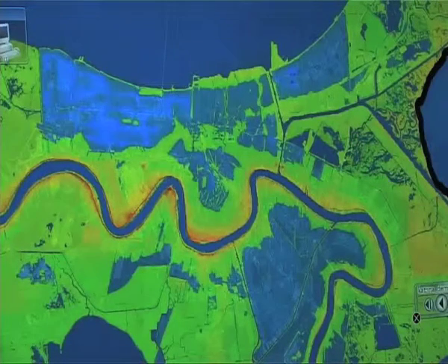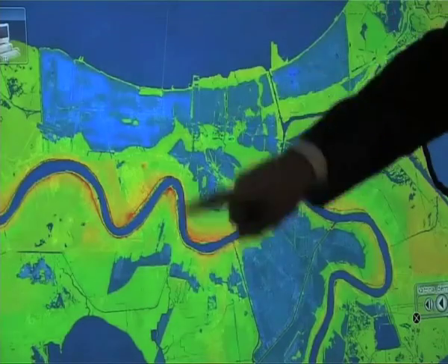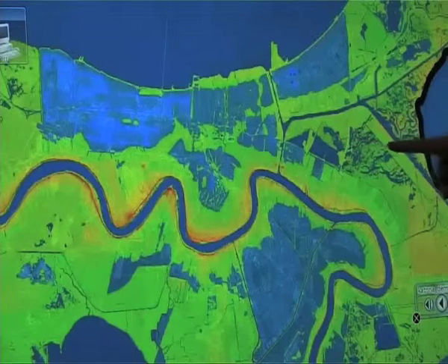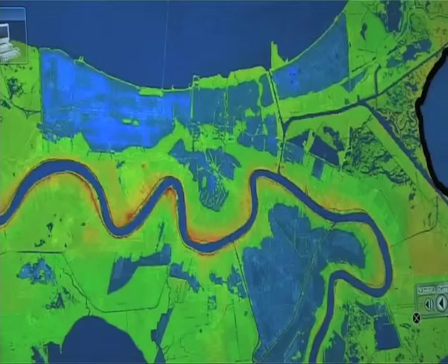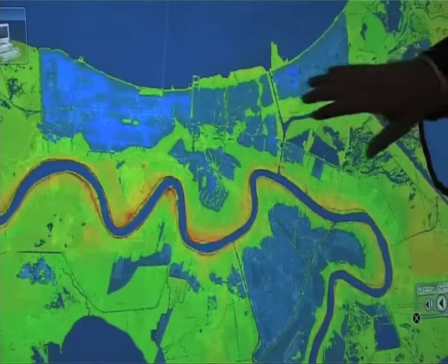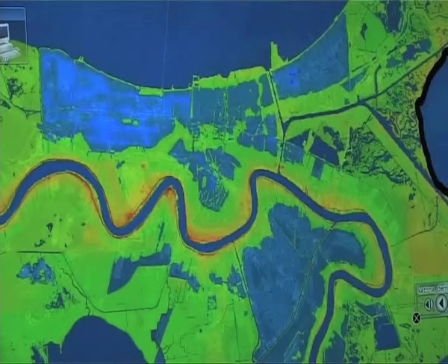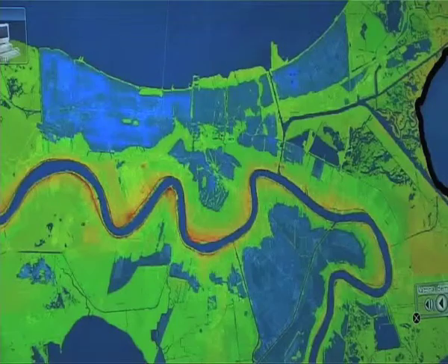Digital elevation model means how high or how low is something, and anywhere you see in blue here is below sea level. Anywhere from 1 foot to 11 feet below sea level. So this is not a good place to be if a flood is coming, because you basically live in a bowl. The water comes in, you have to pump it out.